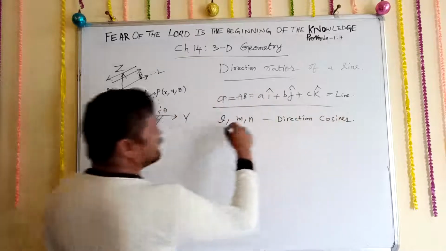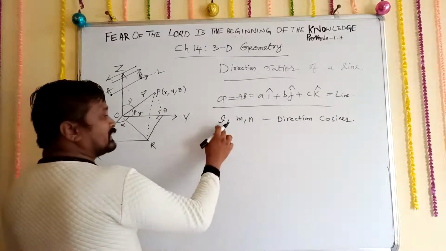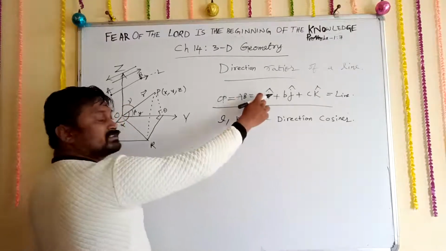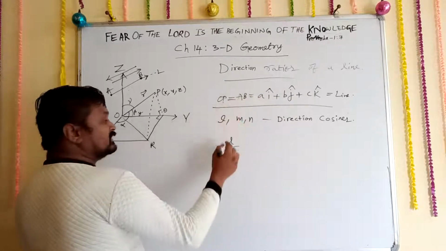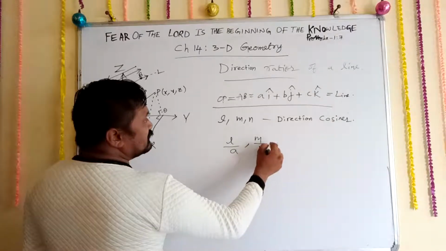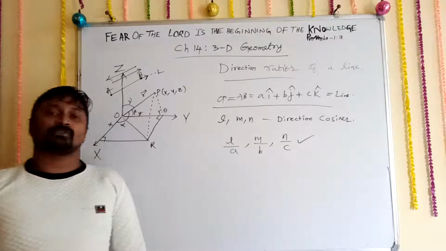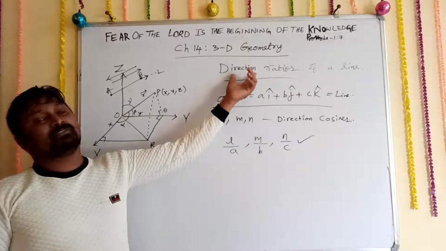What is the ratio between these? Very simple. Take the direction cosines upon the coefficients. So L upon A, M upon B, N upon C. This is called the ratios of the direction cosines.